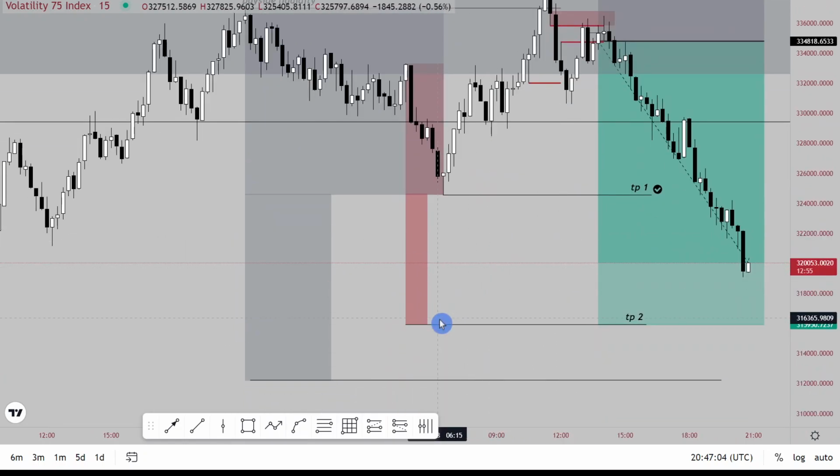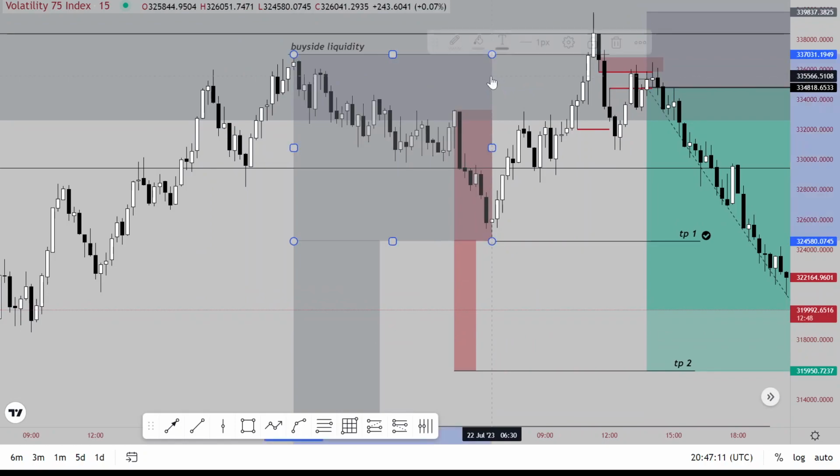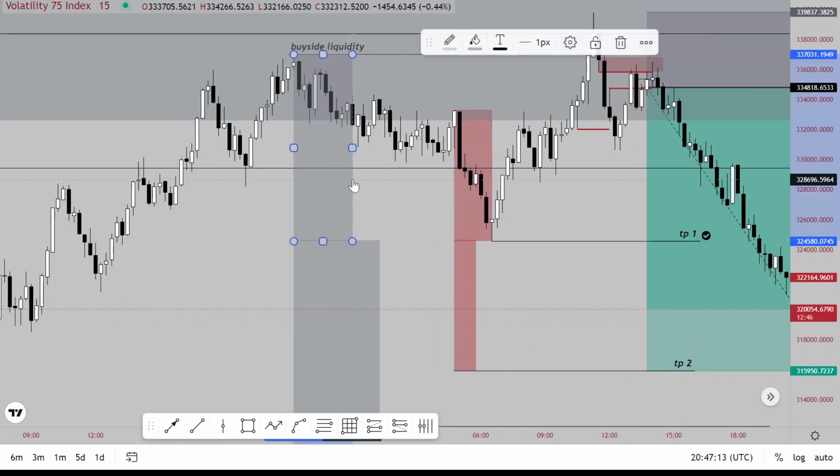Now this profit target 2, the reason why I selected this profit target 2 is an extension, a standard deviation. So this high to this low, you can see that price took liquidity of that swing leg. So projecting that same leg to the downside is my TP2, right?